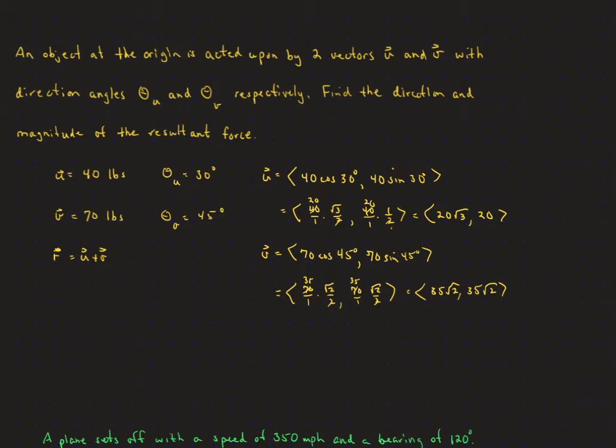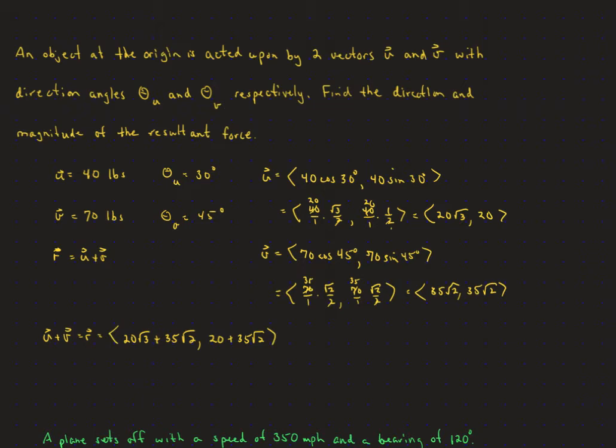So then to add them, we can just add their components. That's going to be 20 square root of 3 plus 35 square root of 2, and 20 plus 35 square root of 2, just adding their x and y components. You were free to just leave it like that. I think I'll just leave it like that for now.